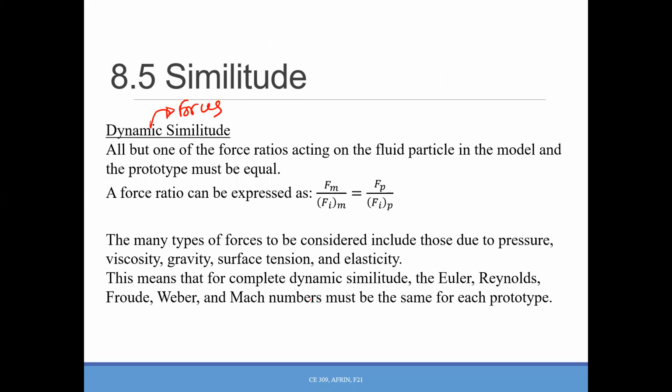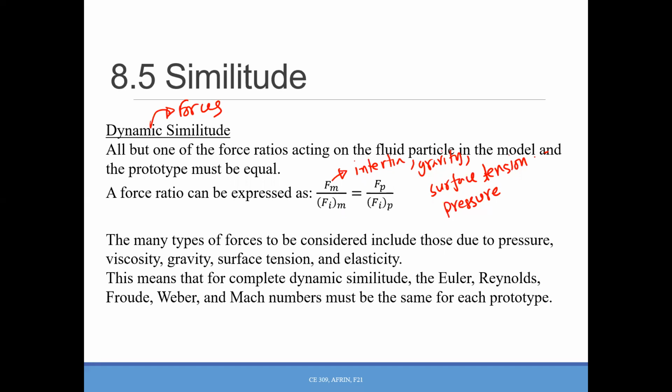So if I go back to this sentence, the force ratio can be expressed as F over Fi. That simply tells you this F can be like inertia, gravity, surface tension, like anything, pressure over the inertia force.